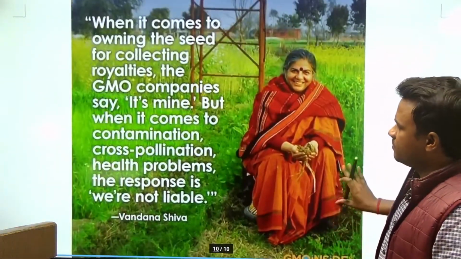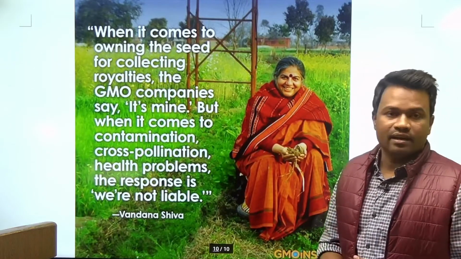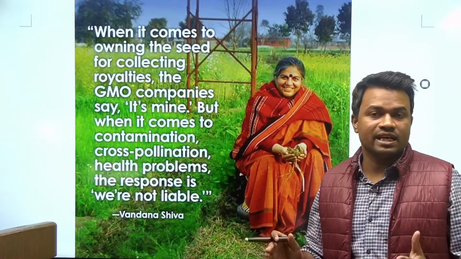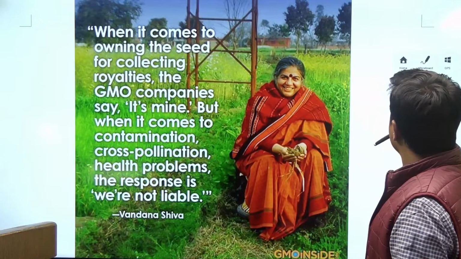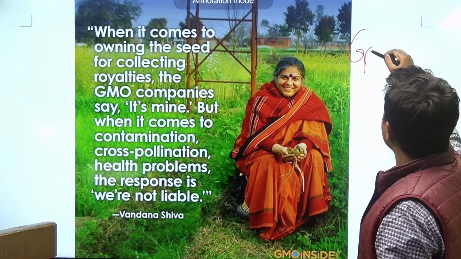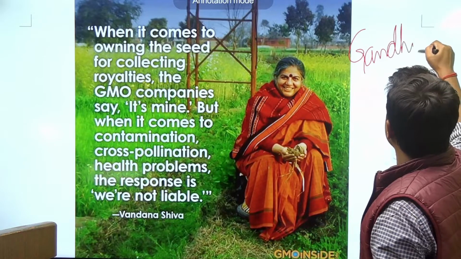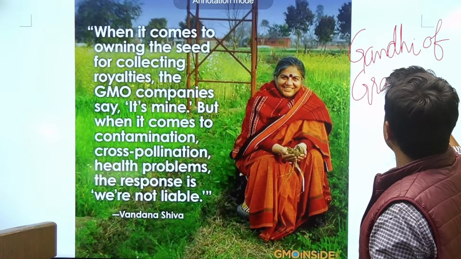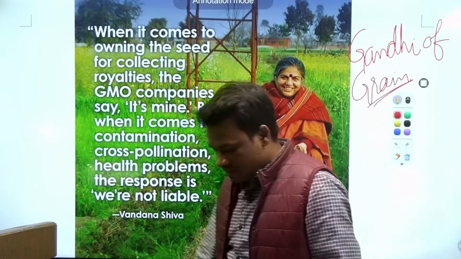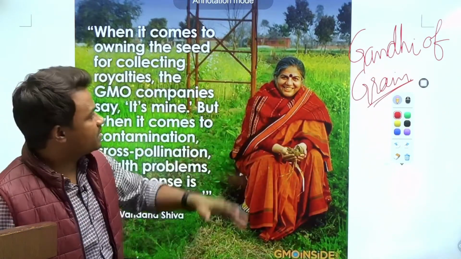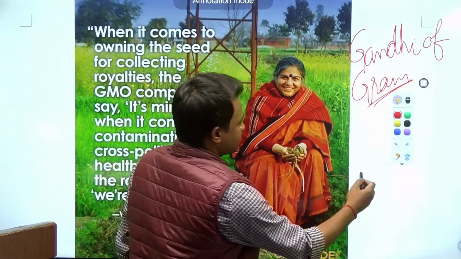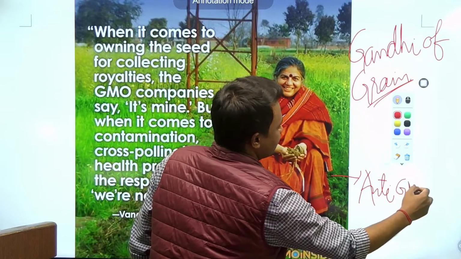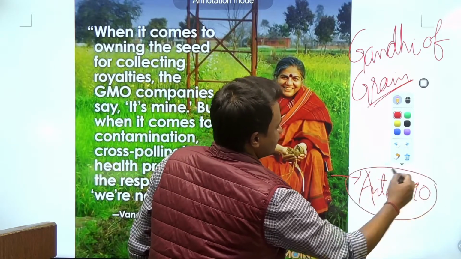Before wrapping up the session, Vandana Shiva is famously known as the Gandhi of grain. Grain means food. She is famously known as the Gandhi of grain, and leads the anti-GMO, anti-genetically modified organism campaign.